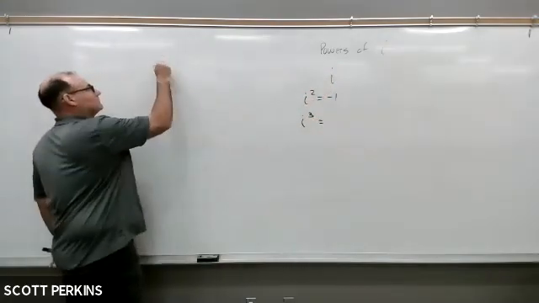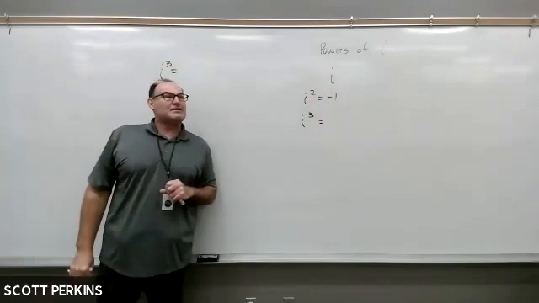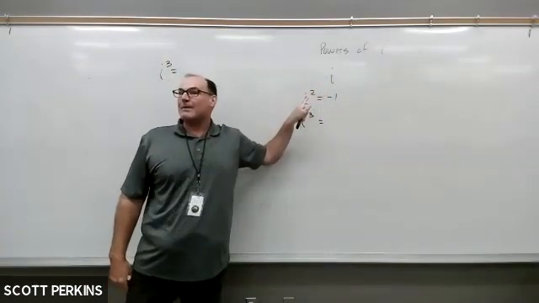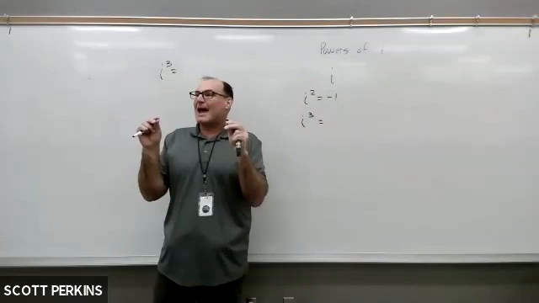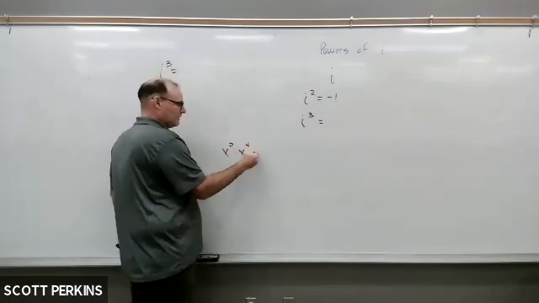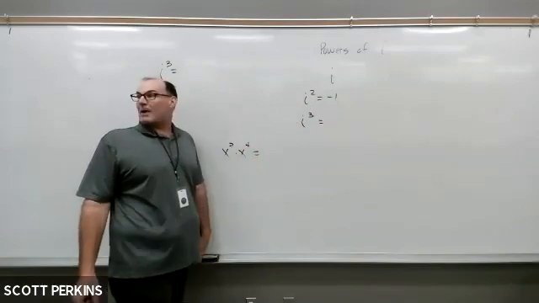Well, I'm going to write i to the third power in terms of things I already know. And just as a quick review, when I multiply two things, what do you do with the powers when you multiply the bases? You add the powers.